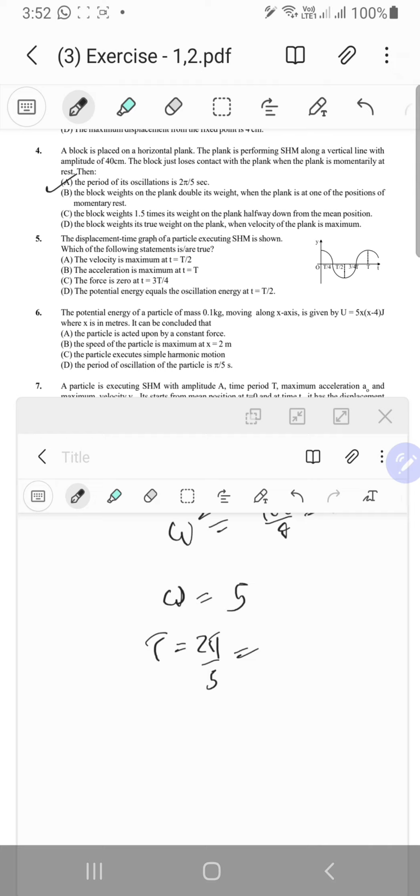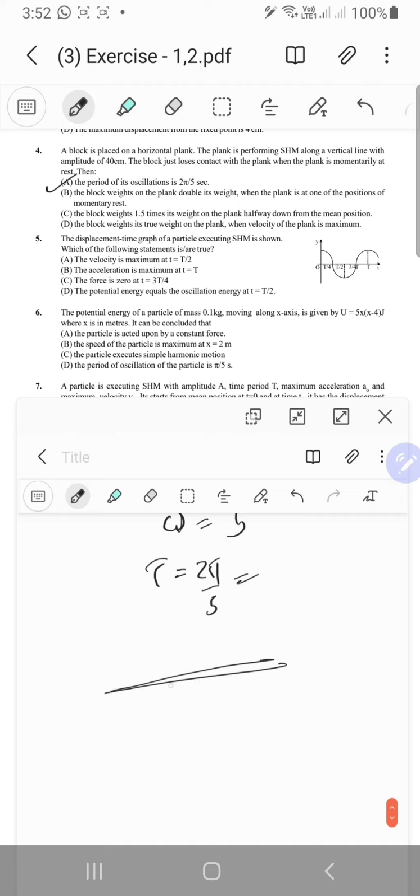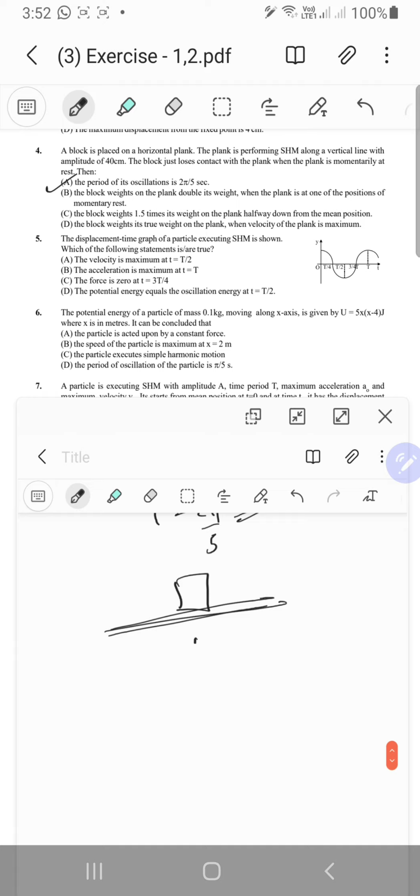Nice. The block weighs on the plank double its weight when the plank is at one of the positions of momentary rest. Okay, so you mean the normal force is 2 times. Also it's more like this. When this was just resting, it was 0. Then it goes to the mean position.